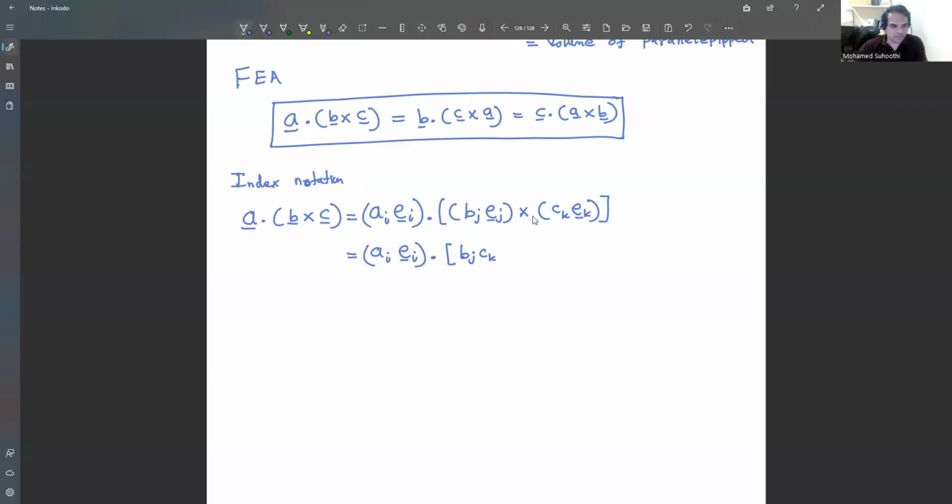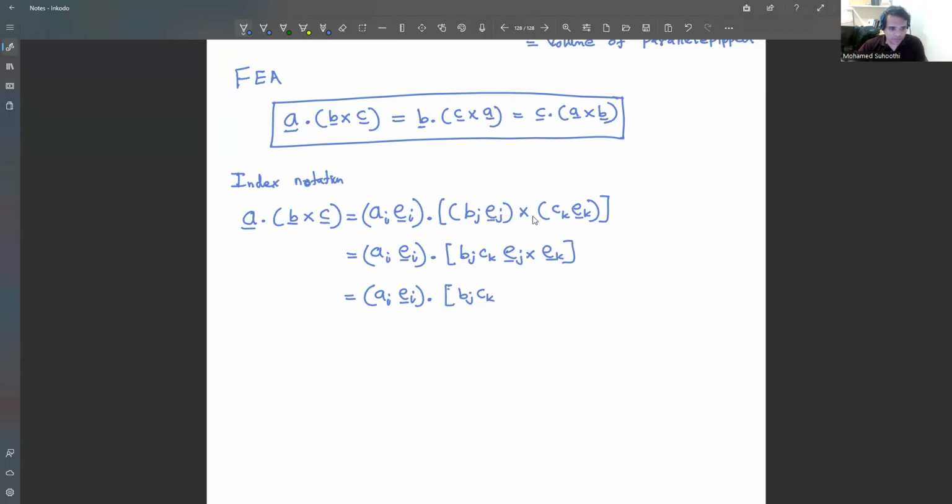Then you end up with e_j cross e_k. So now A_i e_i dot product with B_j C_k e_j cross e_k. You remember this one.